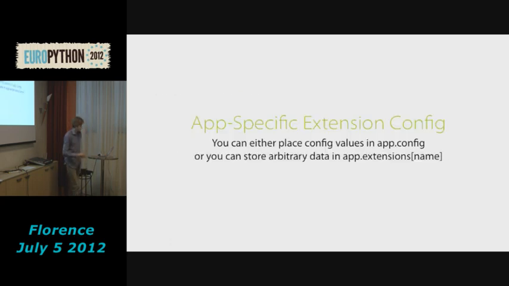Okay, so if you no longer have an app stored on your instance of the extension, you sometimes still have to bridge application config data and your extension config data. And this you can do by using the app.extensions attribute on the Flask object.